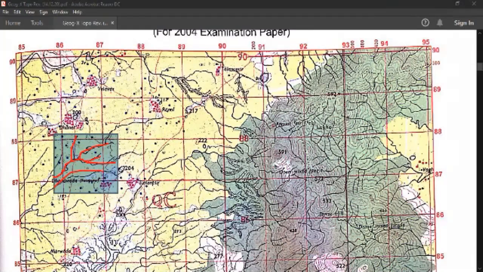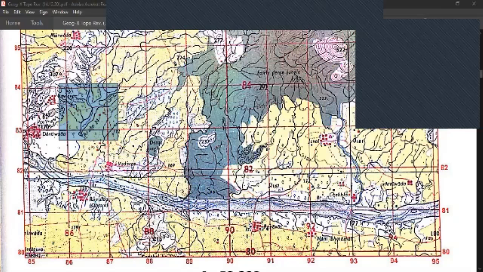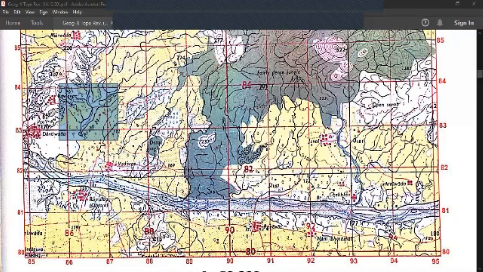Coming to the third question, state the settlement pattern shown in grid square 8693 and 9080. Here, this is the grid square 8683.